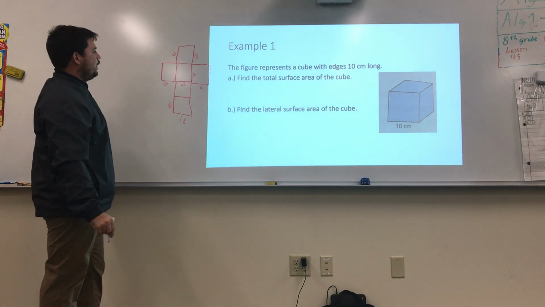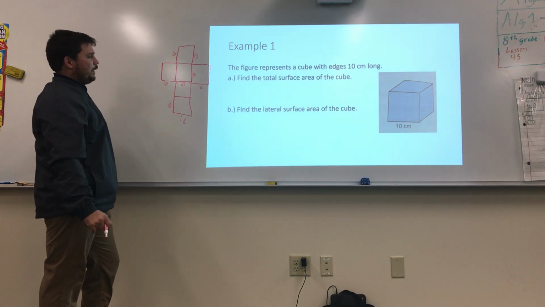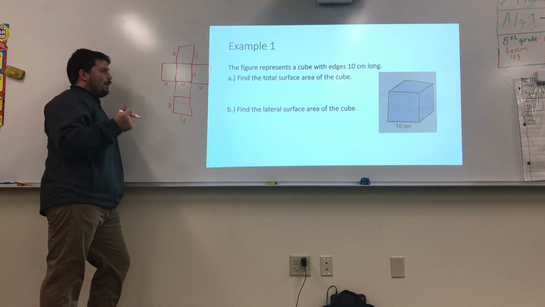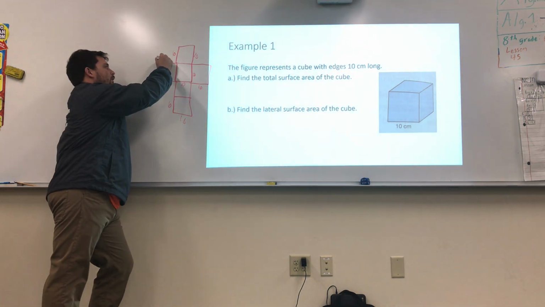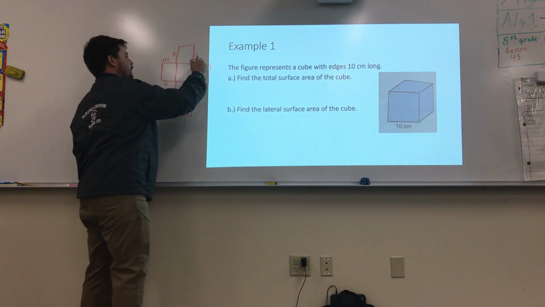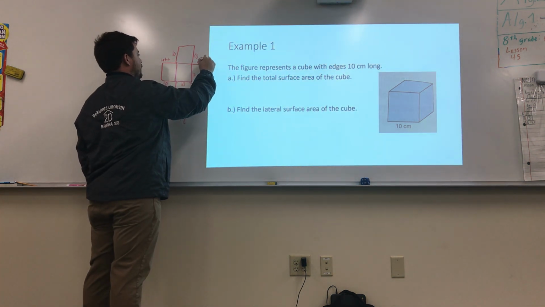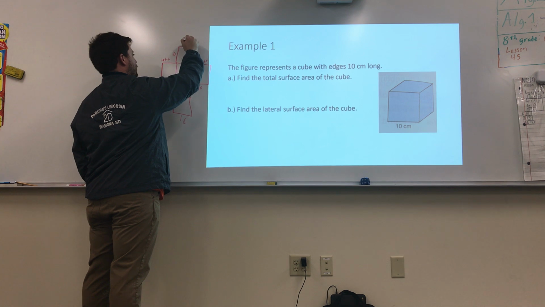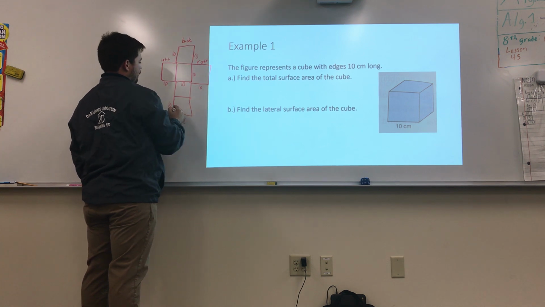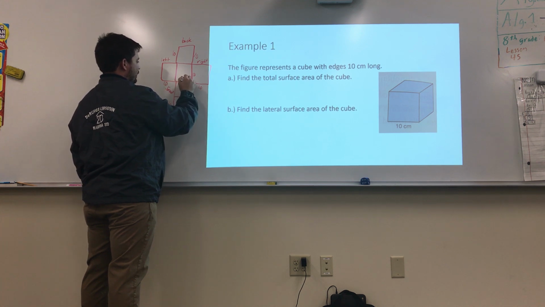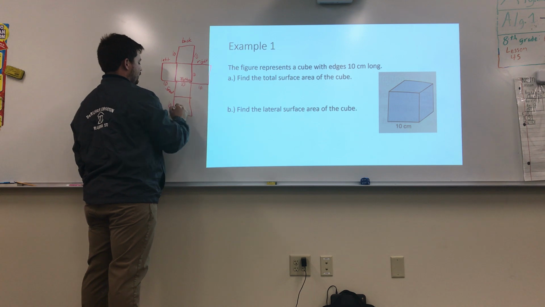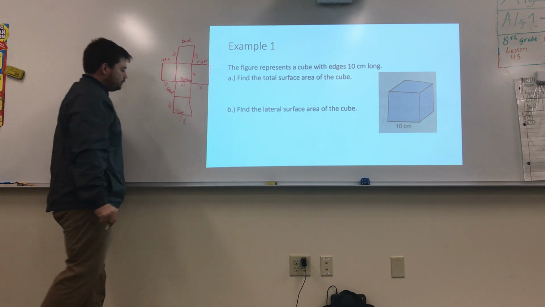So the surface area is going to be the top, bottom, left, right. This is left. This would be the right side of your cube. This would be the back. Front would be this one. This would be the bottom.